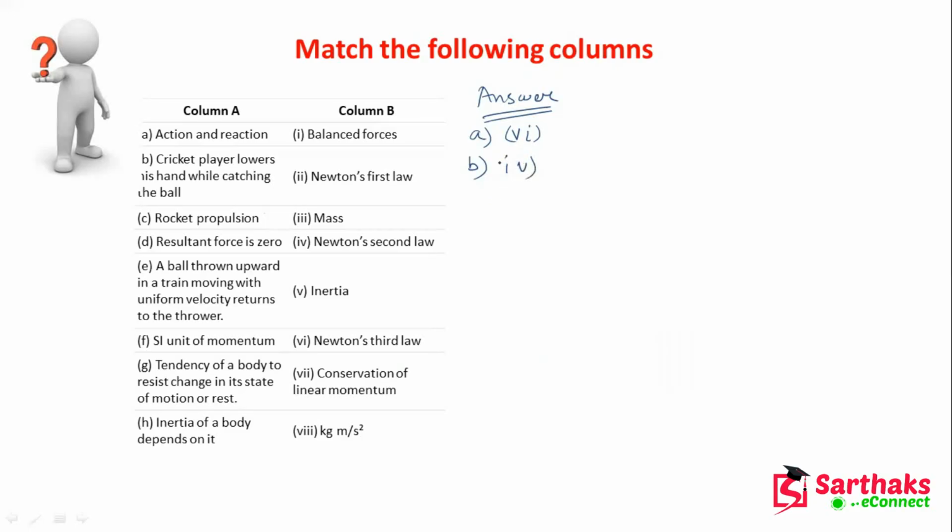So this is 4. Next, this one is done. Rocket propulsion. See, rocket propulsion will be our conservation of linear momentum. Then D. Resultant force is 0.